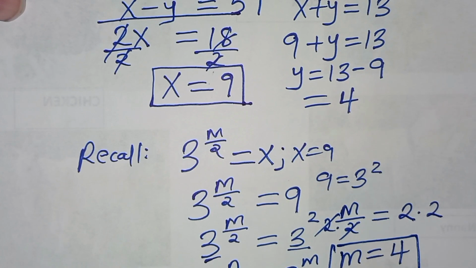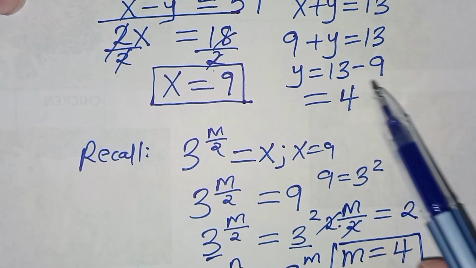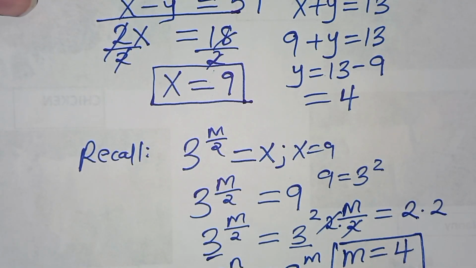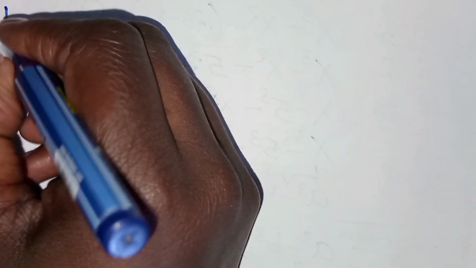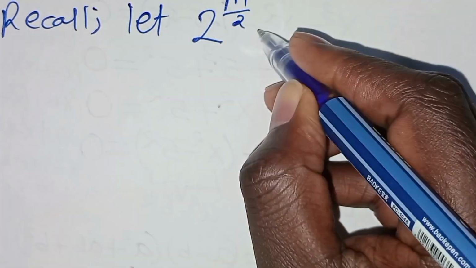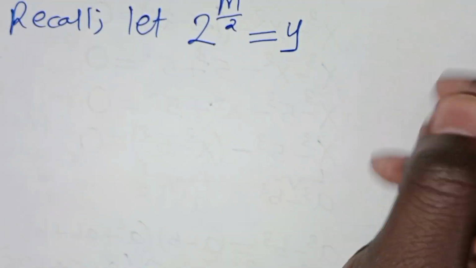Now, let's check the value of m when y is equal to 4. Again, if you recall, we are saying that let 2 to power m over 2 be given as y.